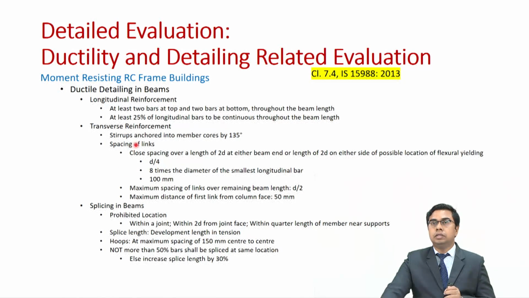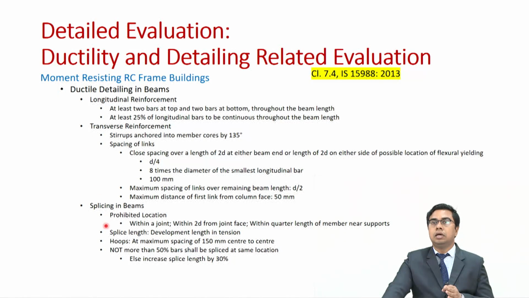So this gives the maximum spacing that you can provide for stirrups and the maximum distance of the first link from the column face, which should be 50 millimeters. If all of these things are satisfied, we say that the ductile detailing in beam is followed. If these are not satisfied, then we will say that the building is deficient when it comes to ductile detailing of beams.